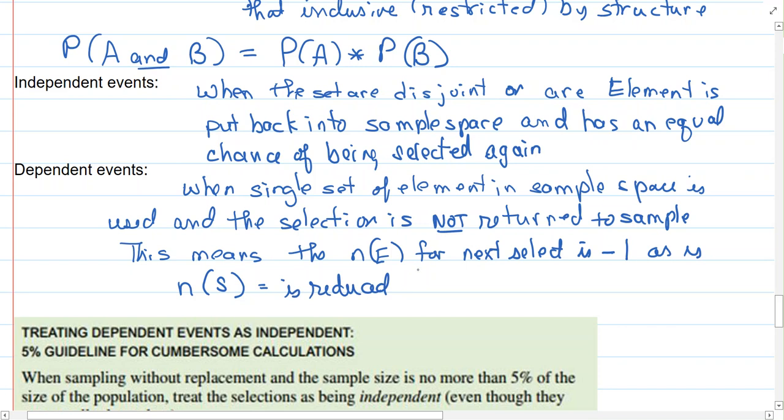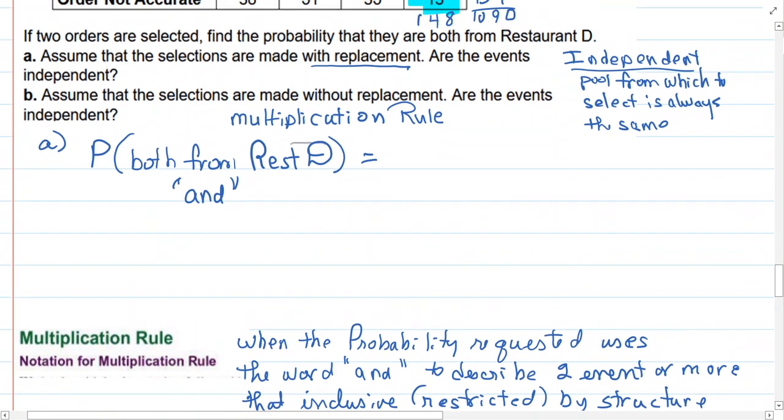That's why it's dependent, because we make an assumption that we're selecting the one we desire. And I'll go into that as we get further in the lesson. So let's go back up here.